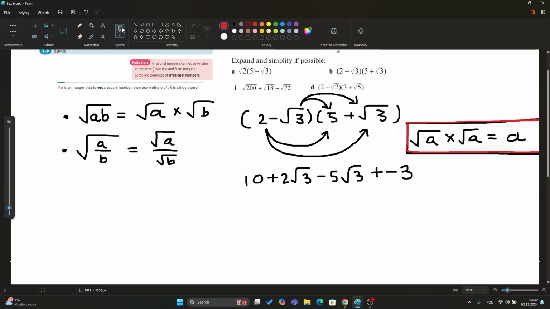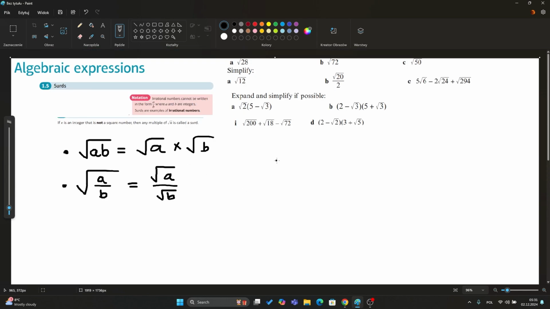So by having the two square roots the same, we get rid of the square root. And now we can collect the like terms, so 10 and 3 like each other, and 2 root 3 and 5 root 3 like each other. So 10 minus 3 is 7, and 2 minus 5 root 3's is going to be minus 3 root 3.